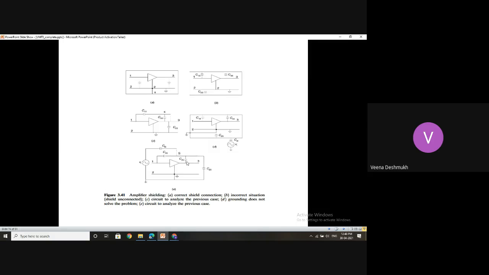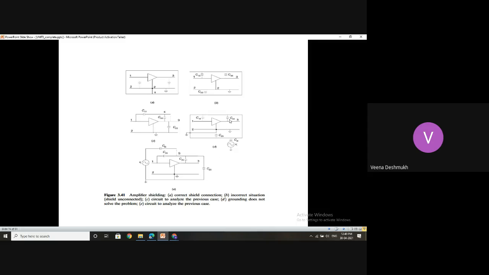Now the next capacitor, C3S, is connected between the output terminal and the shield.